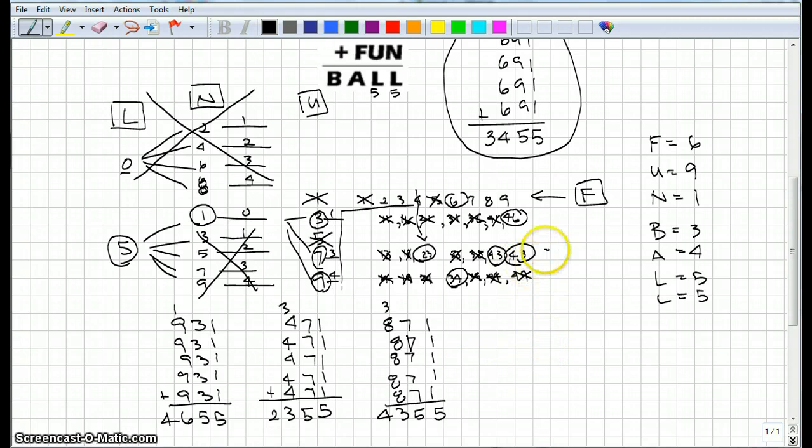And one more. We have F is equal to 9, and U is 7, and N equals 1, so 971, 971, 971, 971. So that's 5, 35, carry a 3, 48, right? And all of those are distinct digits.